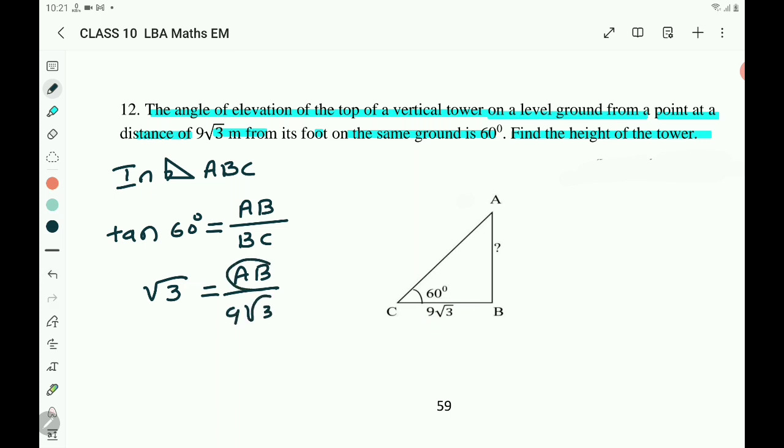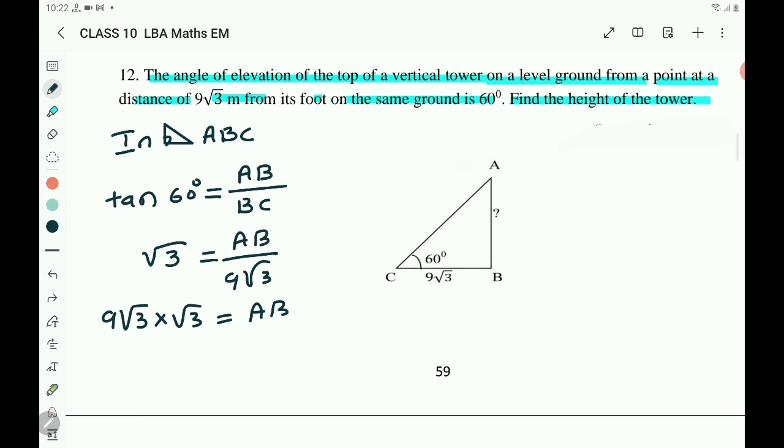Then here to find AB, multiply this root 3 and 9 root 3. That is nothing but cross multiplication. Then you write 9 root 3 into root 3 equals AB. Transfer this 9 root 3 to LHS and keep this AB in the RHS.